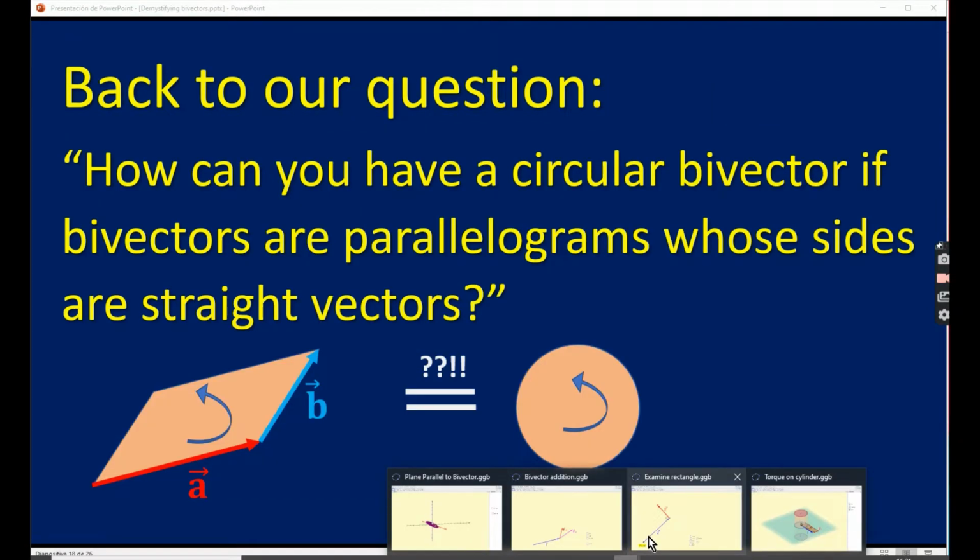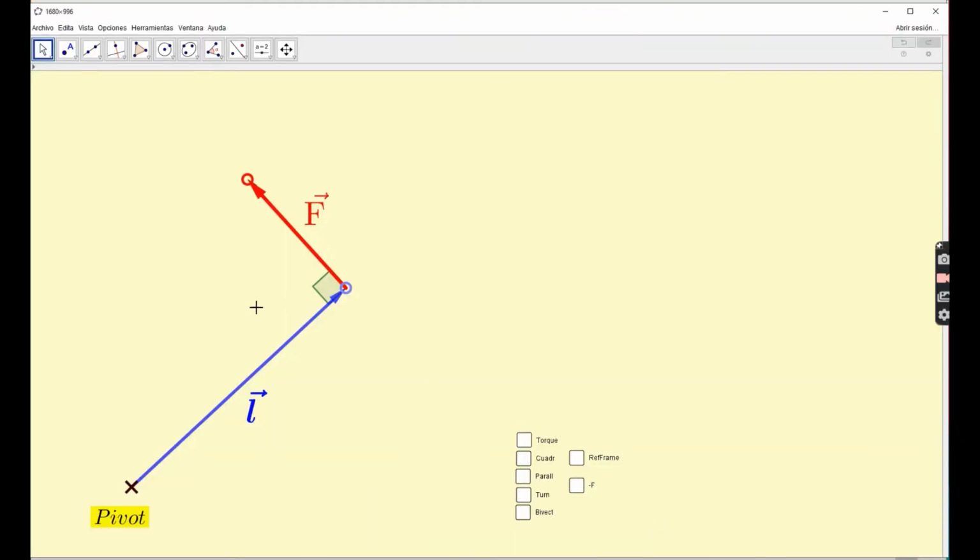Now let's examine that rectangle in order to figure out what properties a bivector must have in order to represent torques. First, let's put the torque in here, its direction, and let's draw a rectangle. So the area is equal to the magnitude of the torque, and here we have the direction. One thing we'll notice right away is we've drawn this force as being perpendicular to the vector L, to the lever.